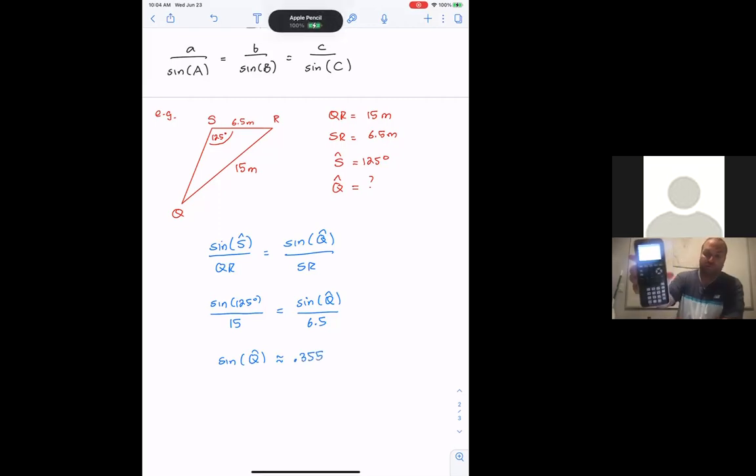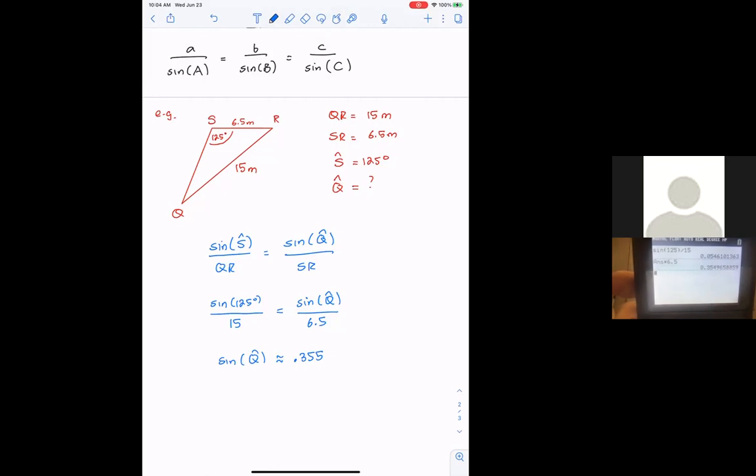Now, just so you know, obviously my calculator does not say 0.355. It says 0.3549 and whatever those numbers are. But even though I only write down on my page 0.355, for any subsequent calculations I make sure to use all decimals. So you have to use the complete number so that you have maximum accuracy.